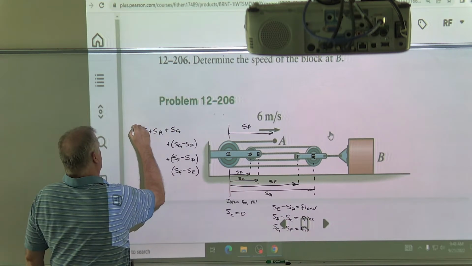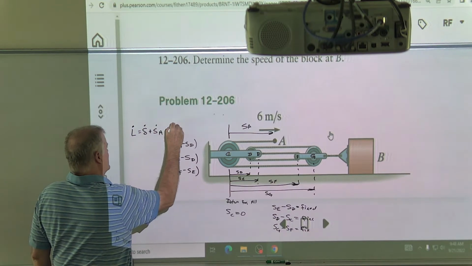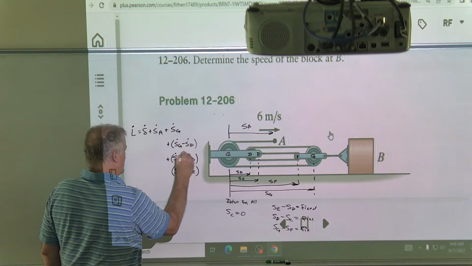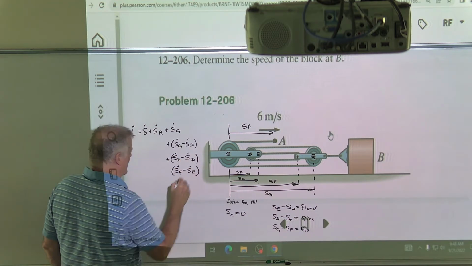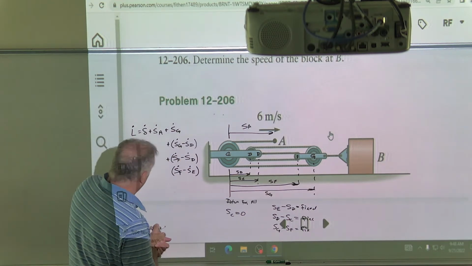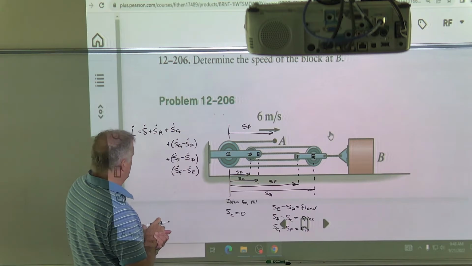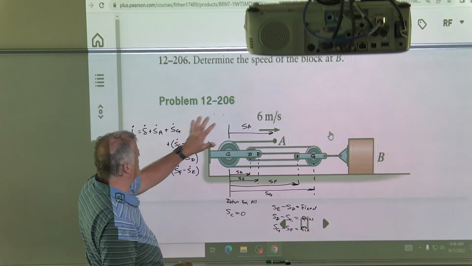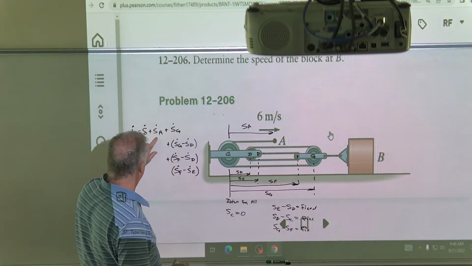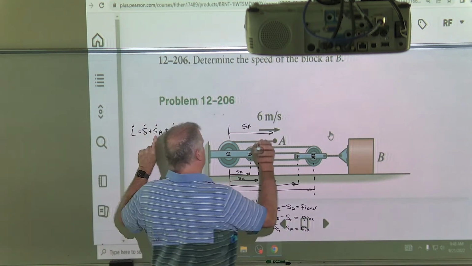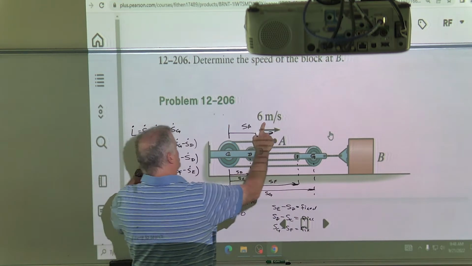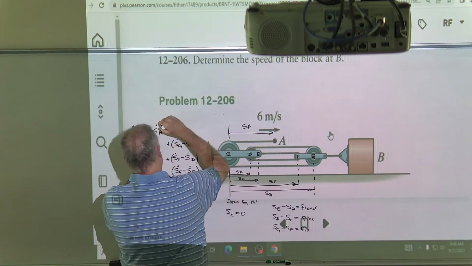This derivative, okay, so let's do this. Now, let's go ahead and write these over there and recognize that this one is 6, so I'm just going to put this one in. Here we go.